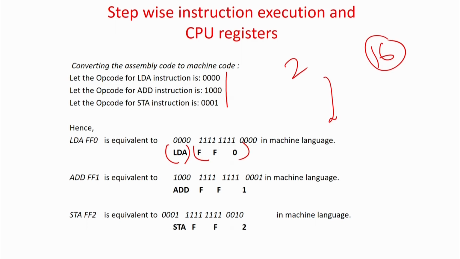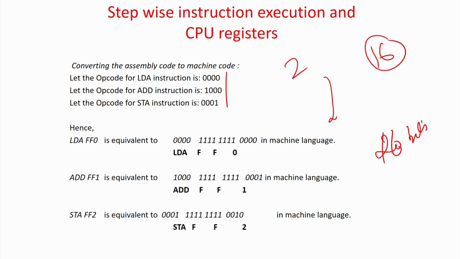Then this is the address from where you have to load the value, FF0, which will be in binary. If somebody erases this and says this is your first line of code, it is very difficult to read and understand, therefore we always keep the mnemonics.